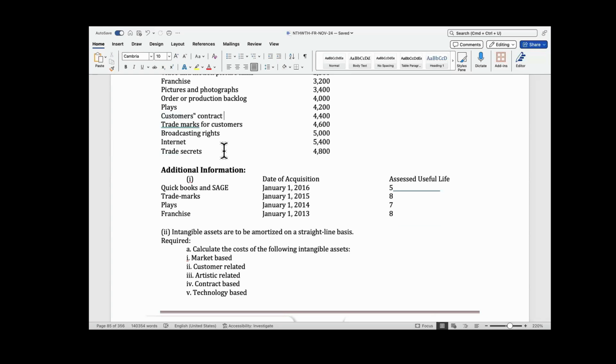Which one should we go for? Customer related. Okay, take a vote. How about trademark? Market based, or contract based, or for customers. What about broadcasting rights?